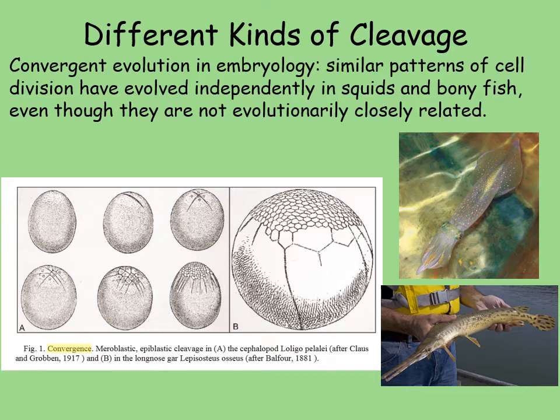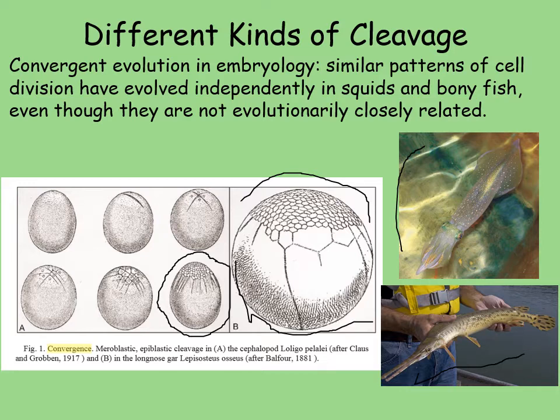So this embryo on the left here, a ball with little tiny cells on the top of it, that's from this squid, this top picture. The second embryo on the right here that looks very similar is the embryo of this ray-finned fish, a long-nosed gar. So these two species are not closely related to each other at all.